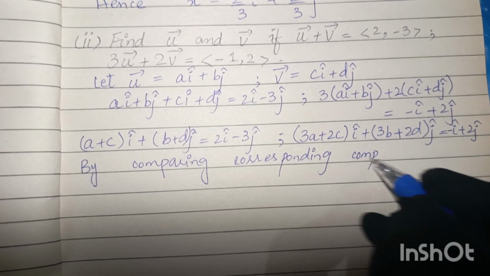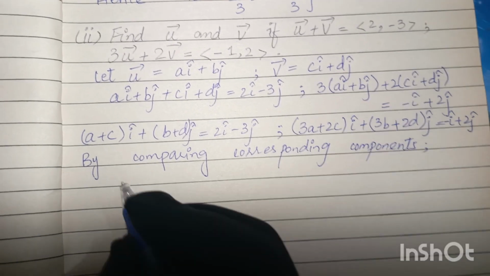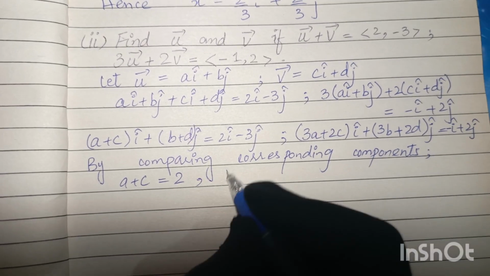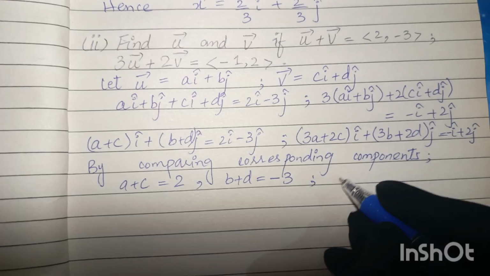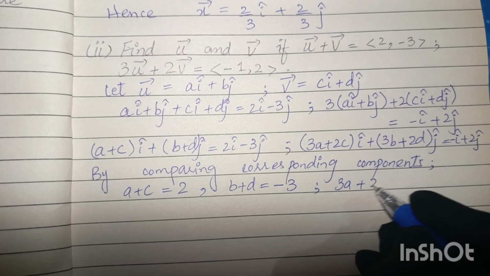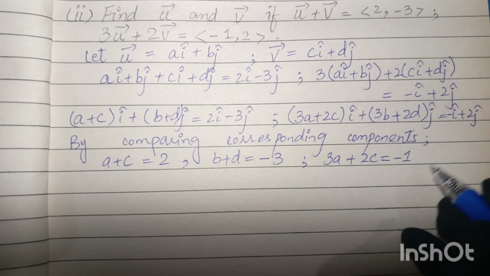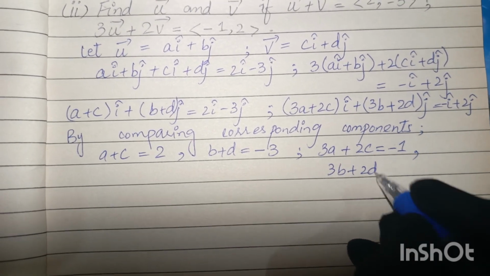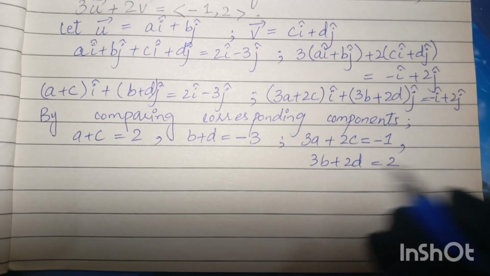We get four equations here: a plus c is equal to 2, b plus d is equal to minus 3, 3a plus 2c is equal to minus 1, and 3b plus 2d is equal to 2. So here are four equations.